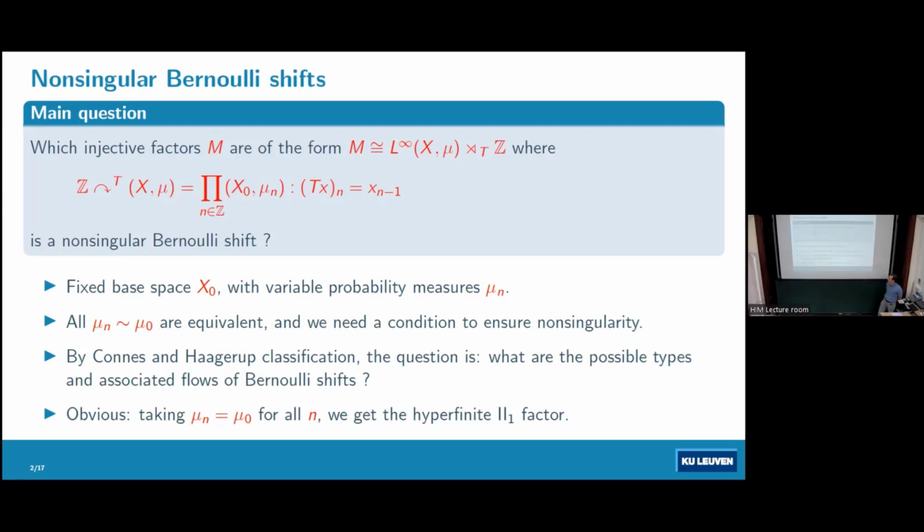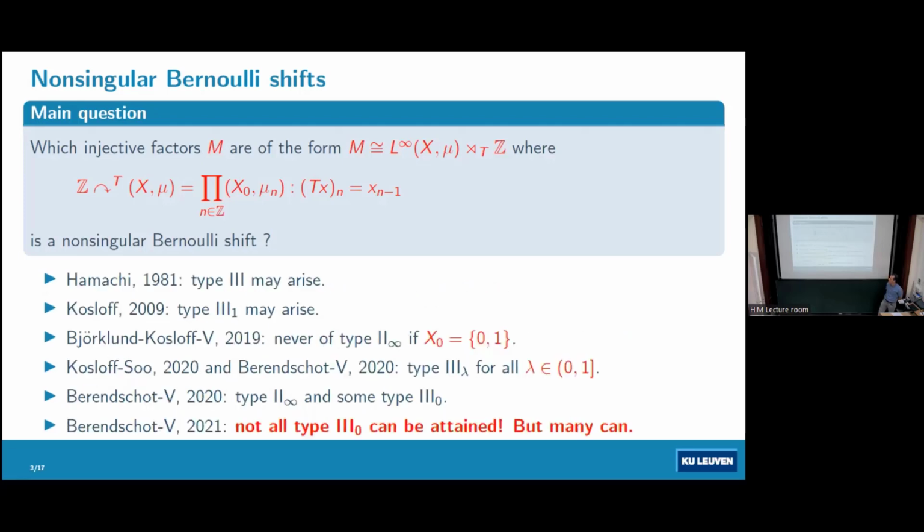Now, this has a certain history in the sense that the question was first addressed in the early 1980s by Hamachi, who proved a kind of existence result, in the sense that he proved that there could be choices of mu_n such that the shift is ergodic and of type III. And then, much later, Kosloff could make much more precise calculations and show that there exist shifts of type III_1.